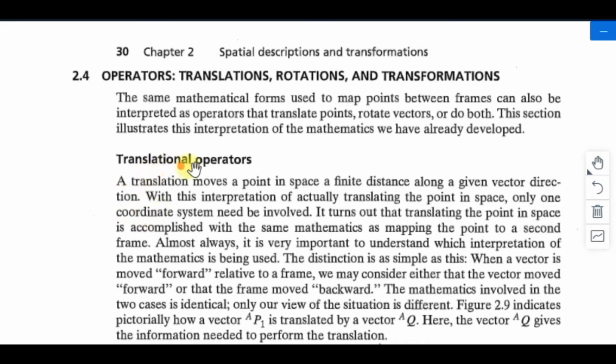So the translation operator, as is known to you, moves the frame forward or backward. When a frame or vector is moved forward, with respect to another it may go backward also.